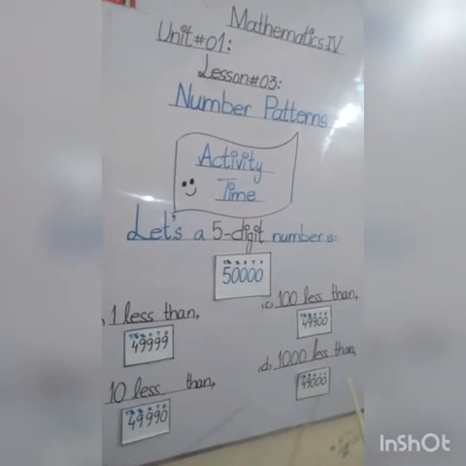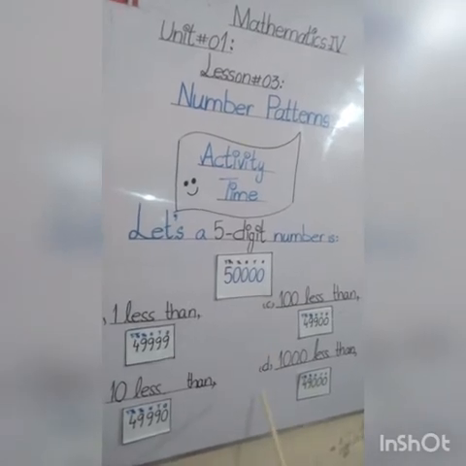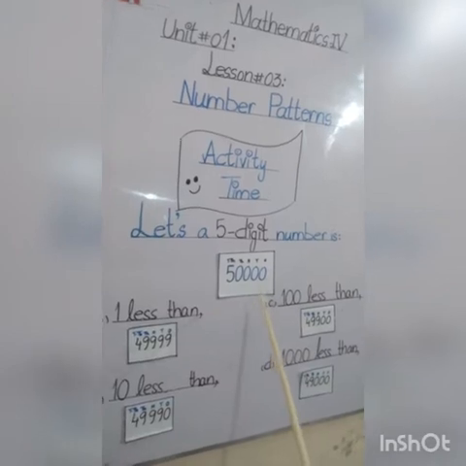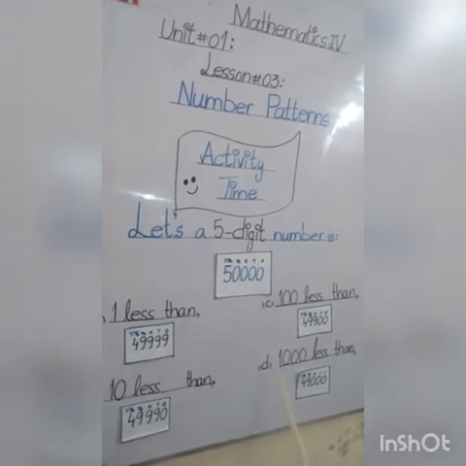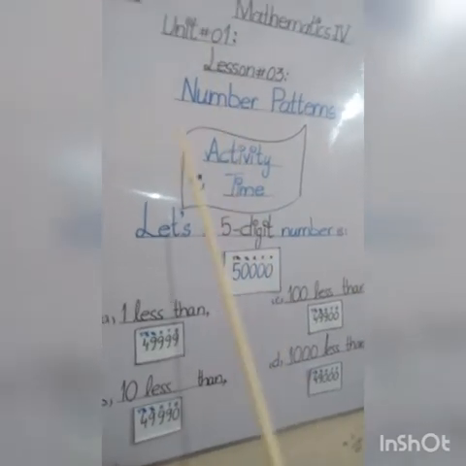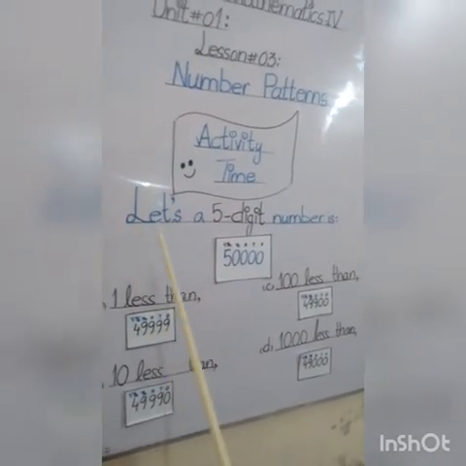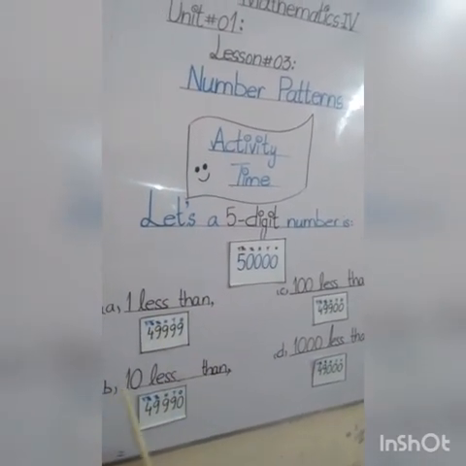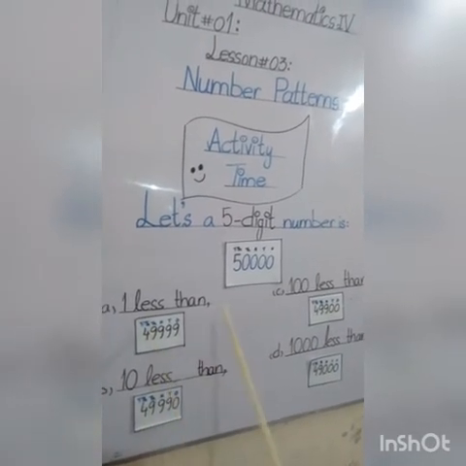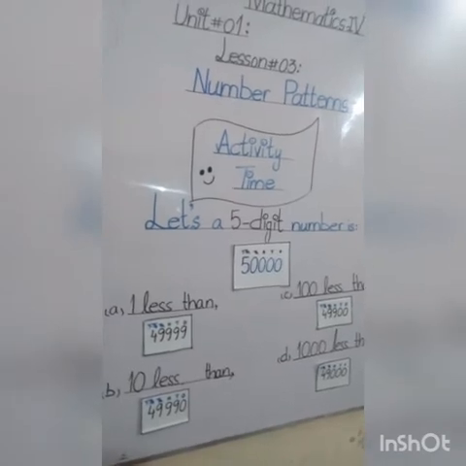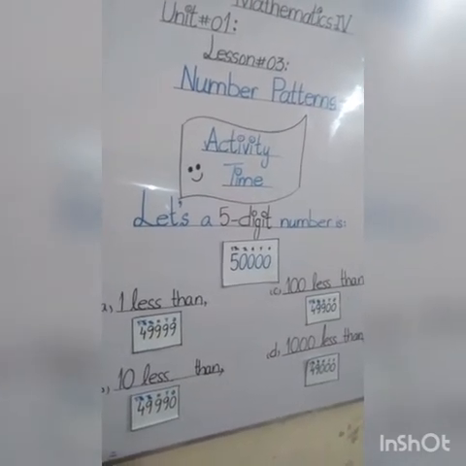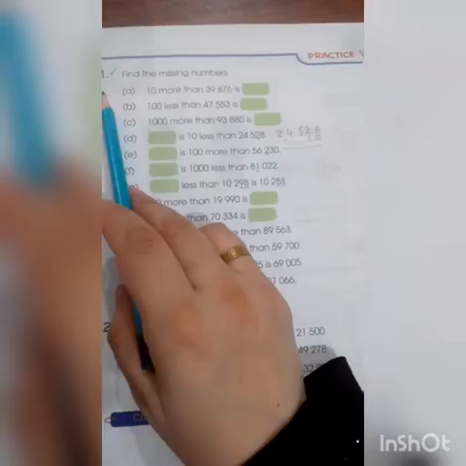Now we have to subtract 1,000 from 50,000. And now 50,000 will become 49,000. So we performed this activity on the board and we are using these cards to show the answers of the following questions. And now you have to perform this activity at home with your friends and brothers and sisters.